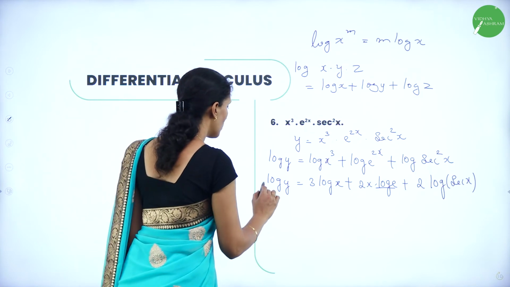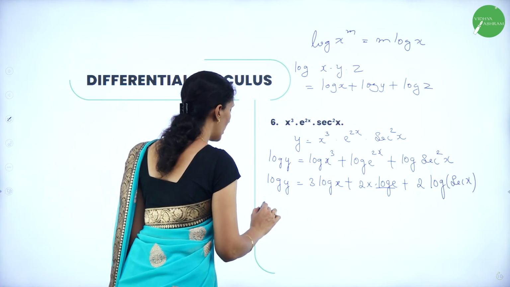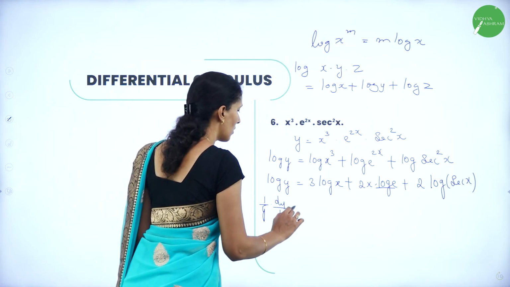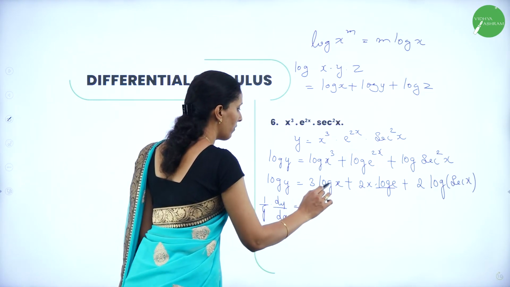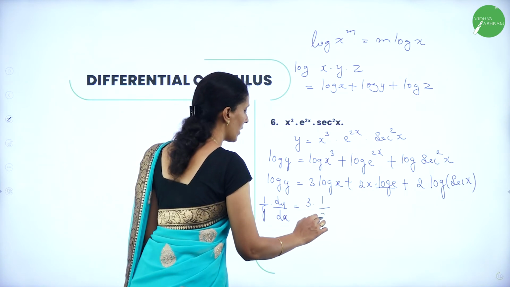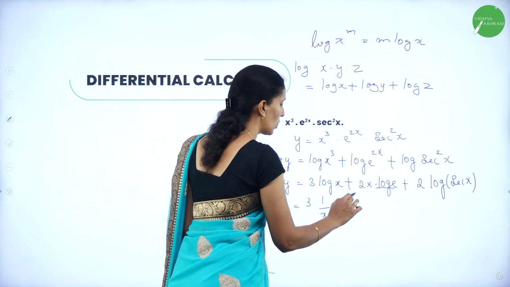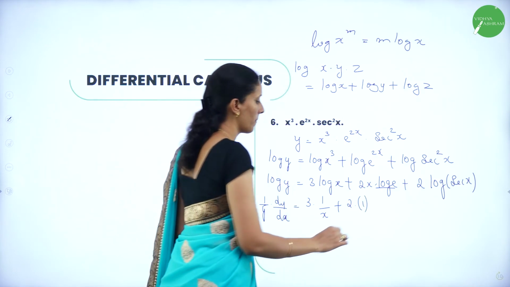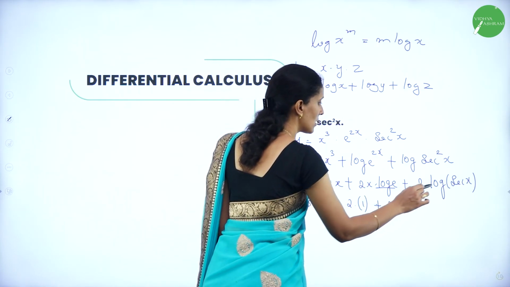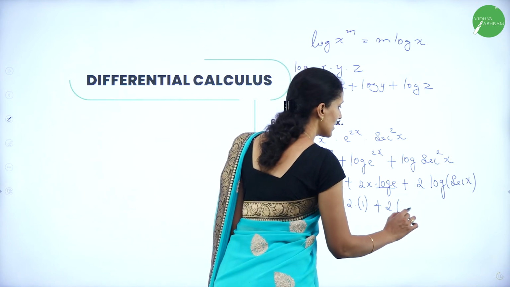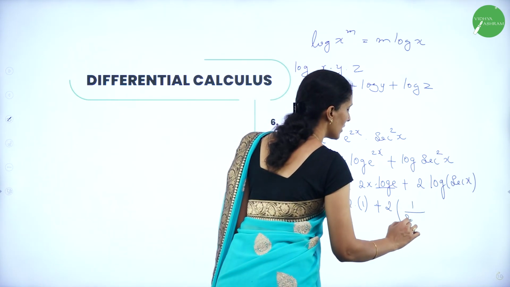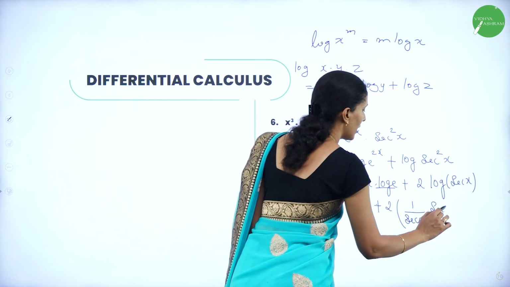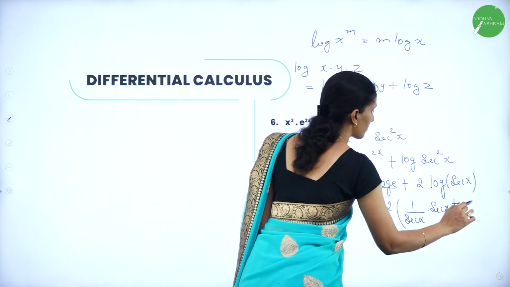Let us derive now. So if you differentiate throughout, then 1 by y into dy by dx. 3 is a constant. Differentiation of log x is 1 by x. Next again 2 is a constant. Differentiation of x is 1. Next again 2 is a constant. Log of secant x is 1 by secant x. Differentiation of secant x is secant x tan x.